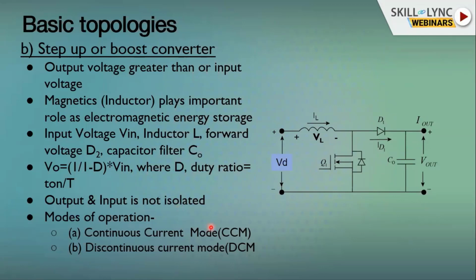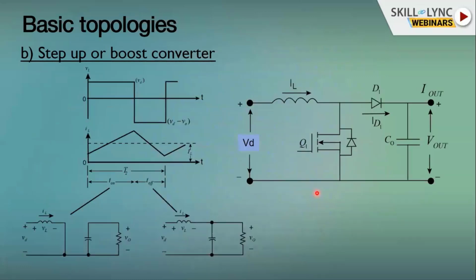Again, in this circuit, like I said, output and input are not isolated, and in this case also we can see the modes of operation, that is continuous current mode and discontinuous current mode. So how does it work? Let's take when this switch is on. Technically the current will flow through this path, because when this switch is on, it is a kind of short circuit, an ideally zero resistance path.